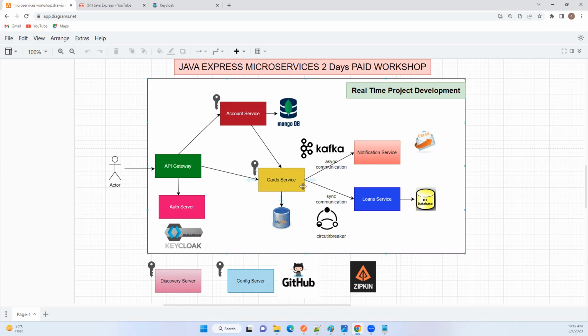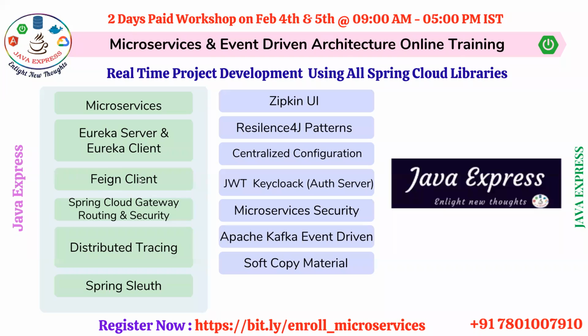Now again, in the card service, I want to show you a couple of libraries for synchronous communication and asynchronous communication. To make synchronous communication in RESTful services, we are going to discuss a REST template. But here we need to use a library called Feign client for communication. If you see here, there is a Feign client.